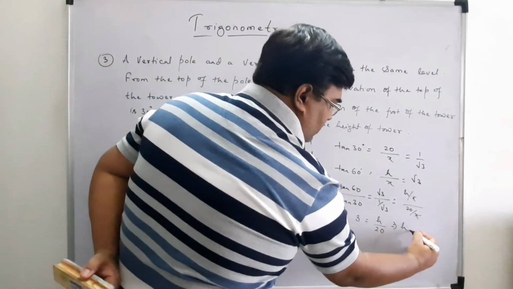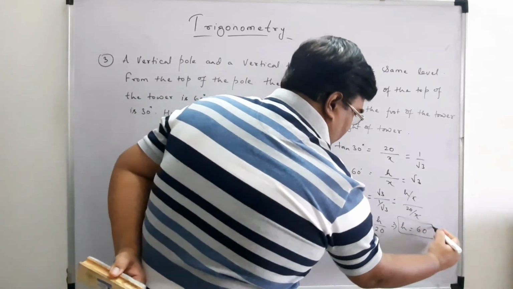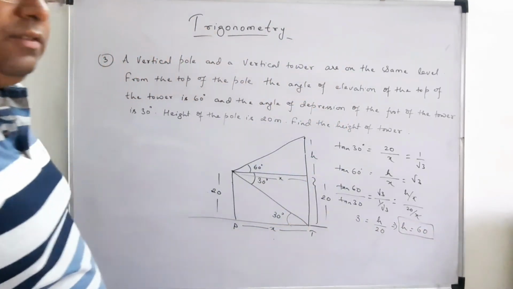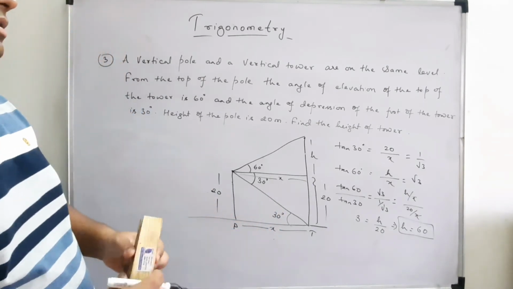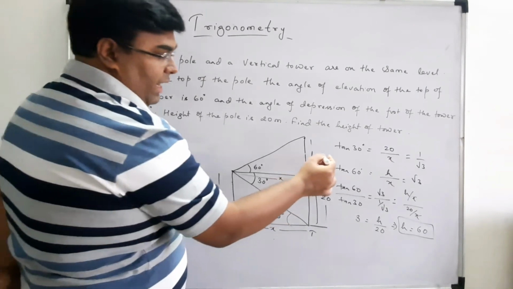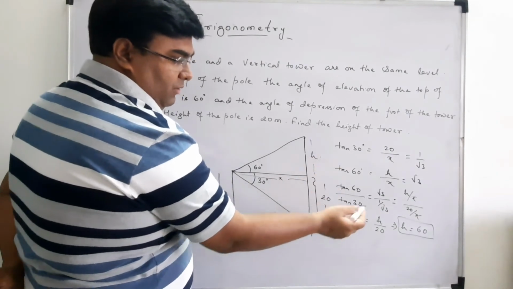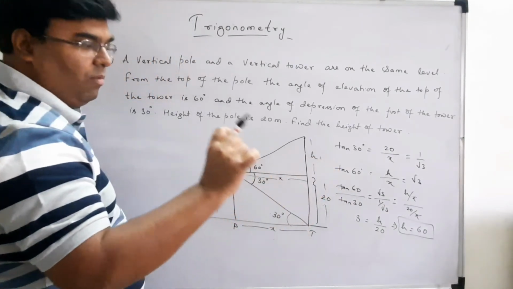This means h is equal to what? 60. But this is not the height of the tower. If you write this answer as the answer, you will get less marks. My tower is h plus 20. We have calculated this h, small h.